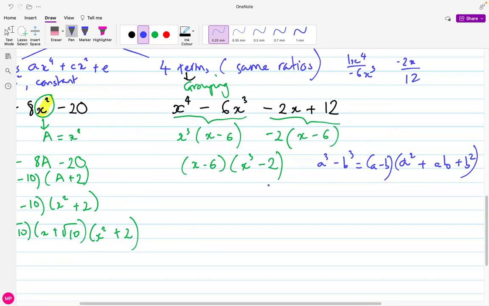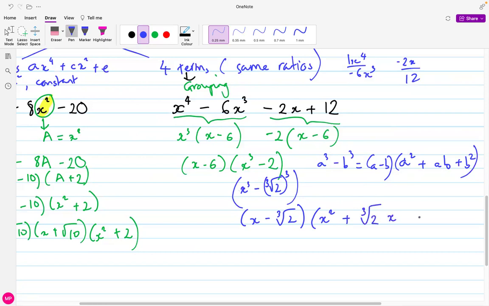If you make 2 as cube root of 2 cubed, and write x cubed again, then a is x and b is cube root of 2. So you would have x minus cube root of 2, and then a squared will be x squared, plus cube root of 2 times x, and then plus b squared, which is cube root of 2 squared, is cube root of 4, like that.